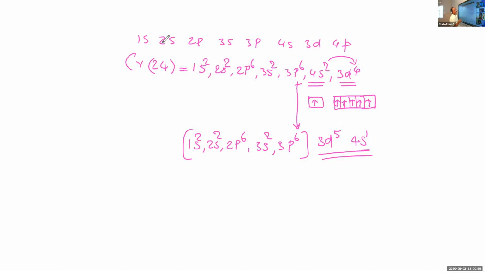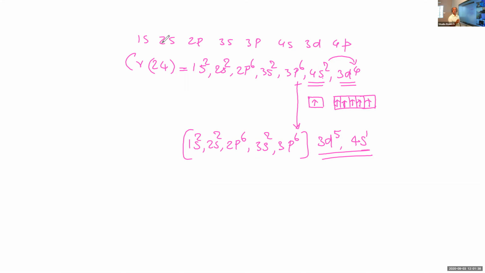Instead of this, you can write 4s1, 3d5. The order is as per the Aufbau principle, 4s1, 3d5. But 3d is an inner orbital.